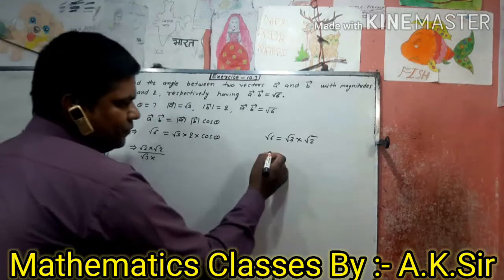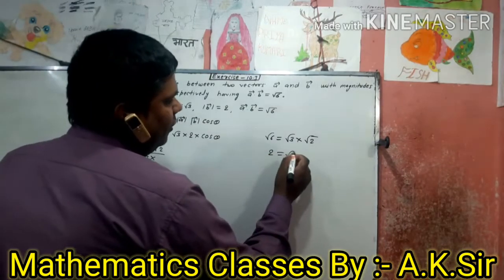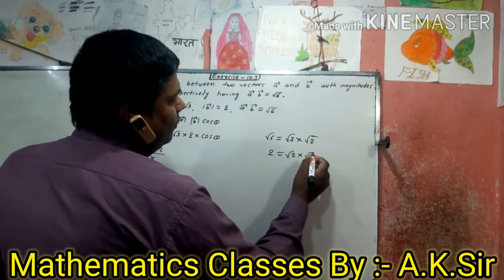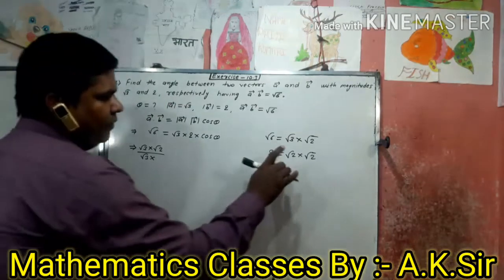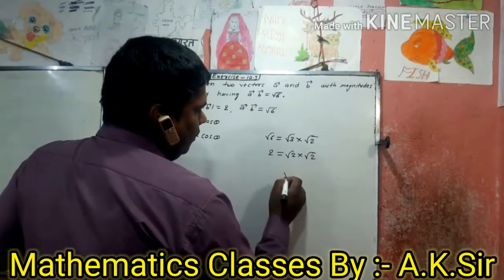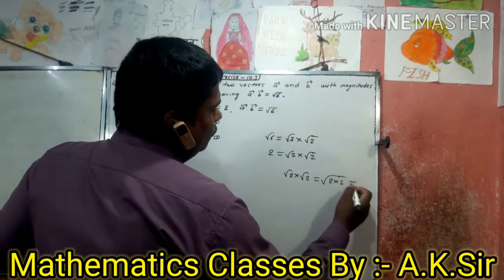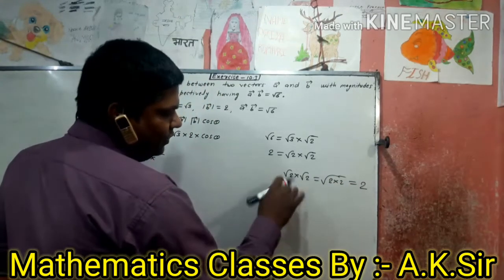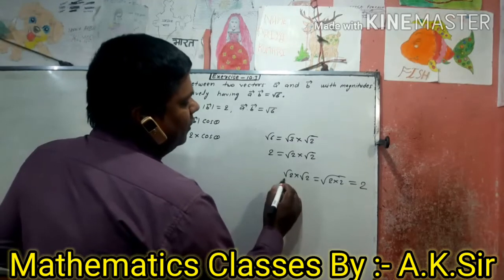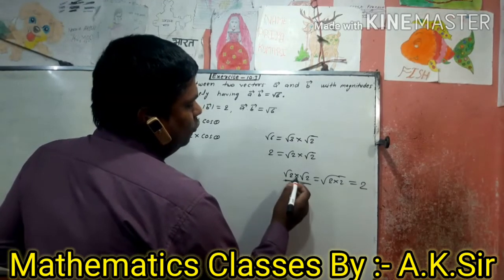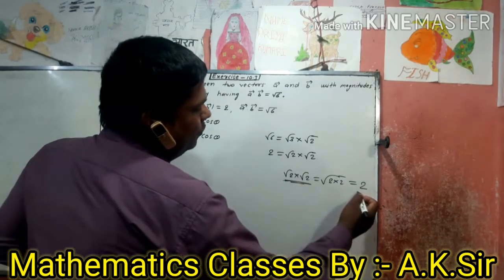2 we can write as under root 2 multiplied by under root 2, because under root 2 times under root 2 is equal to 2.